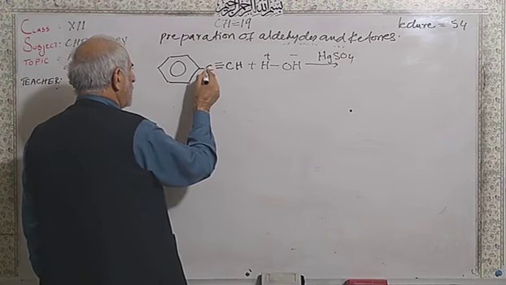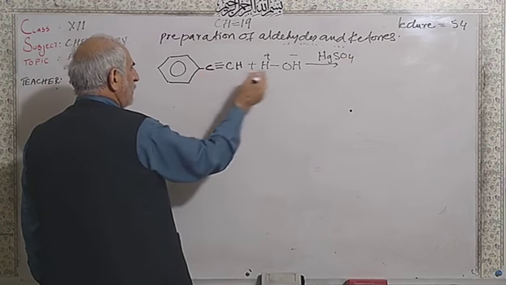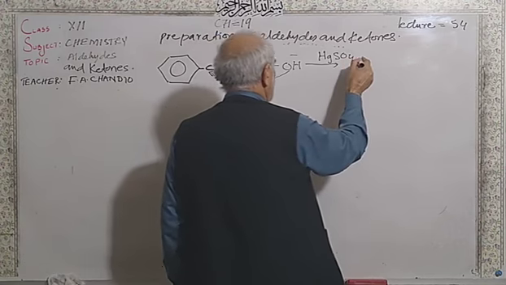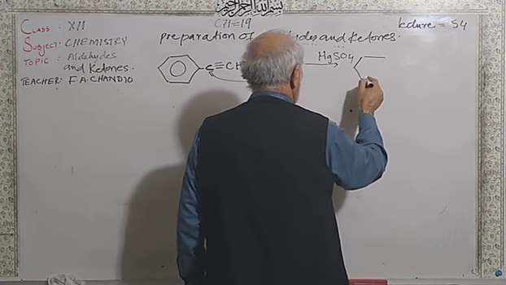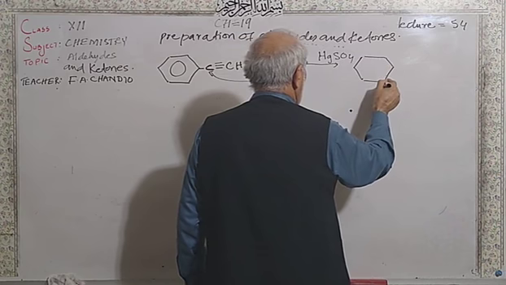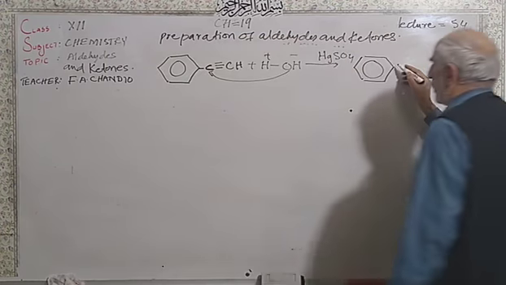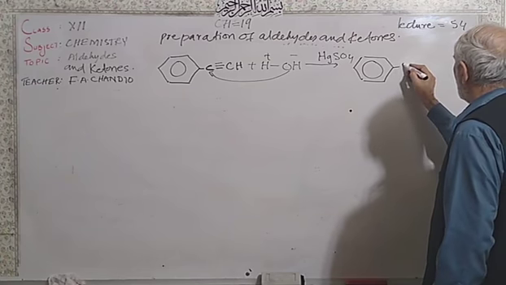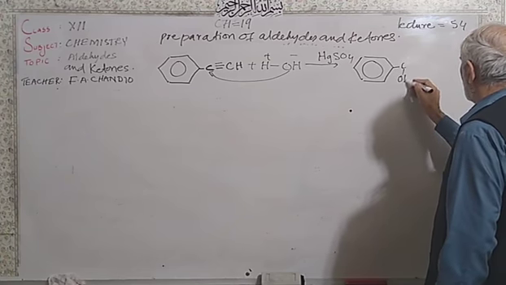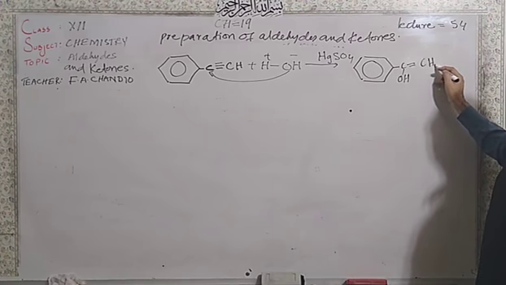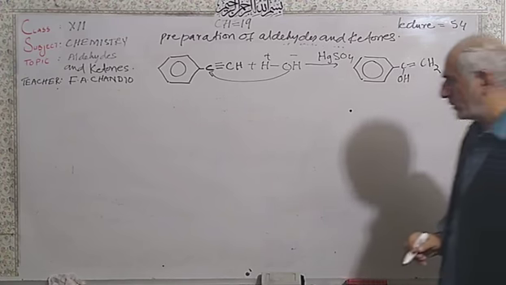Again this carbon is the unsymmetrical carbon. This OH will be here. Put the big circle, not small. OH, like this one.